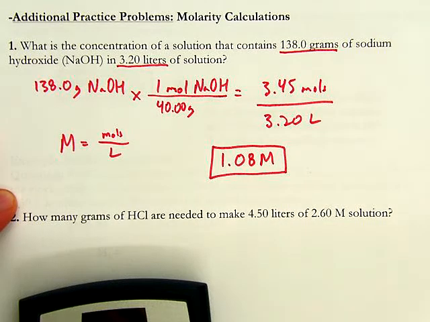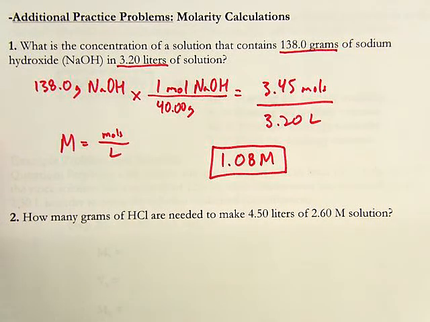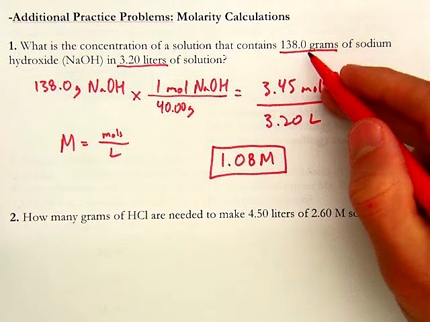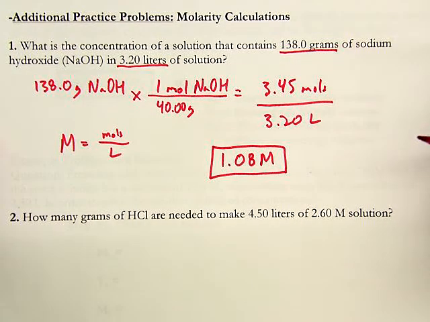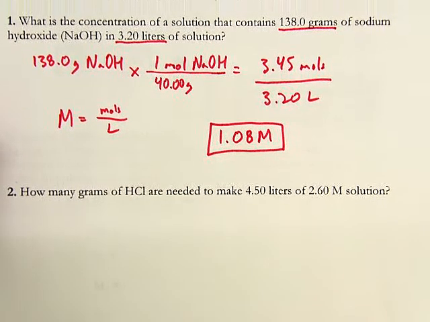That's moles per liter. All right, so that's one style. It's a little different. We had to turn grams into moles first. Last problem, we had to turn milliliters into liters. So it's pretty common that you have to convert something into something else.